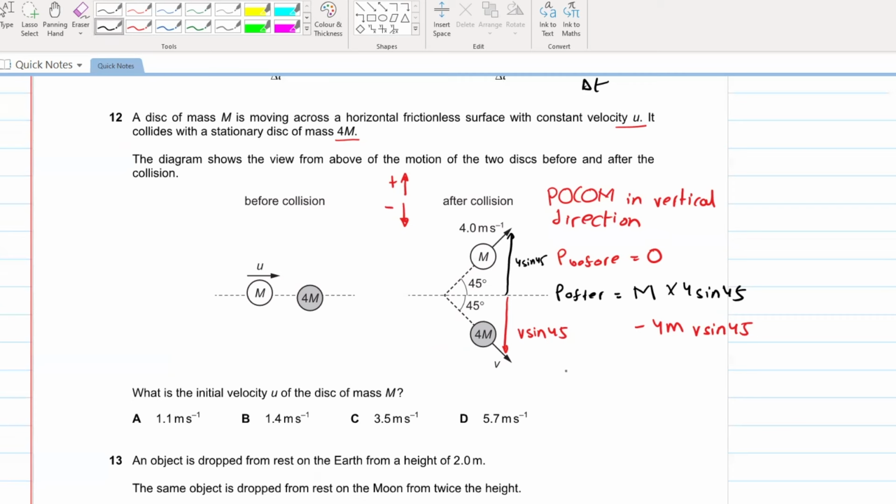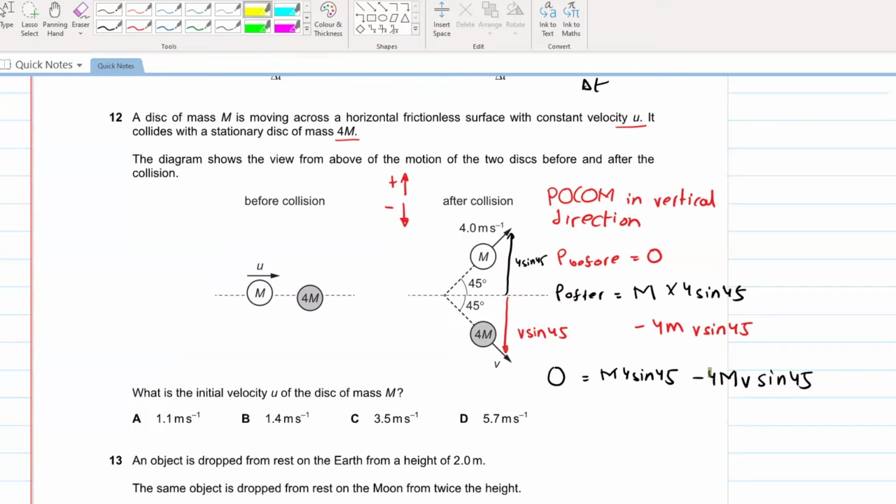Momentum before collision is 0. Momentum after collision is m into 4 sine 45 and negative 4m v into sine of 45.